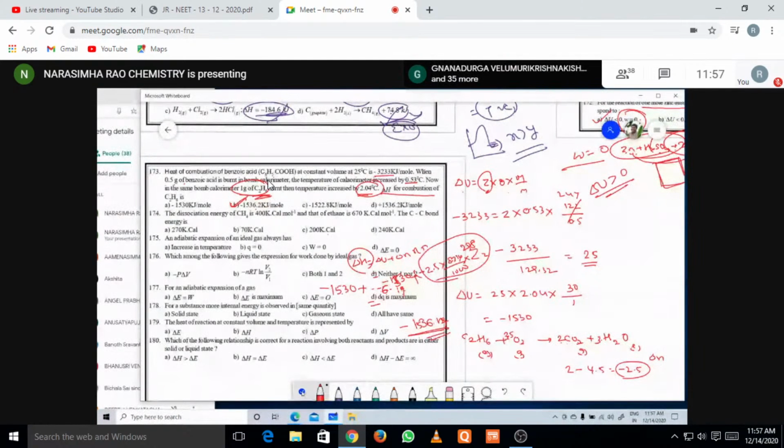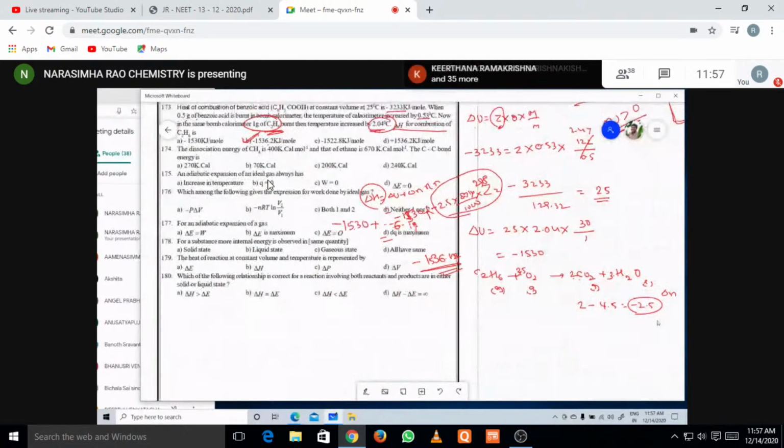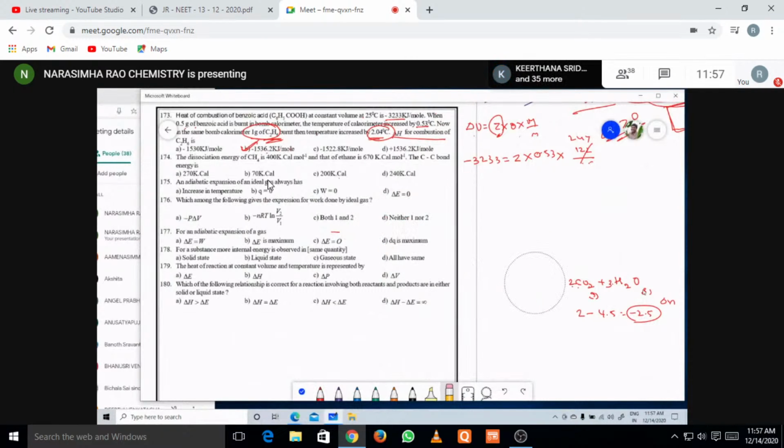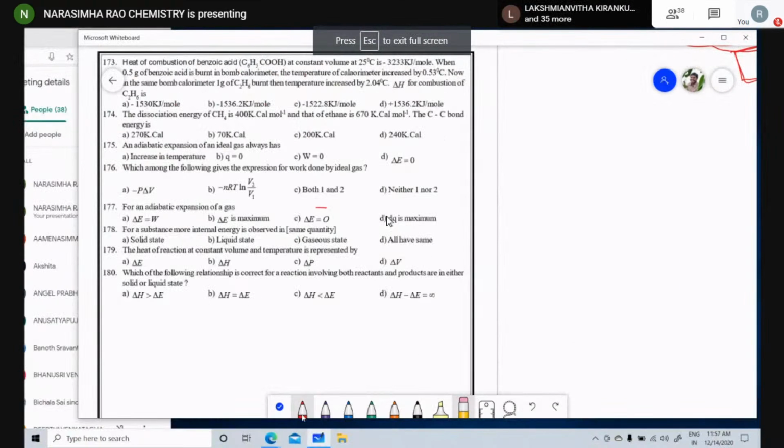Next problem. The dissociation energy of CH4 is 400 kilocalories and that of ethane is 670 kilocalories per mole.